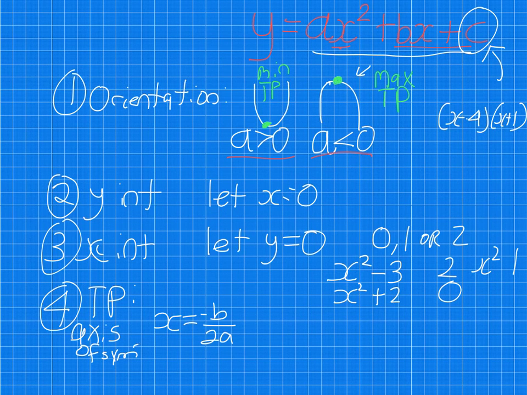So for the axis of symmetry, that is the line x equals minus b on 2a. For the actual point that is the turning point, x equals minus b on 2a gives you the coordinate of x, and you will need to find the y coordinate by substituting in the original equation.